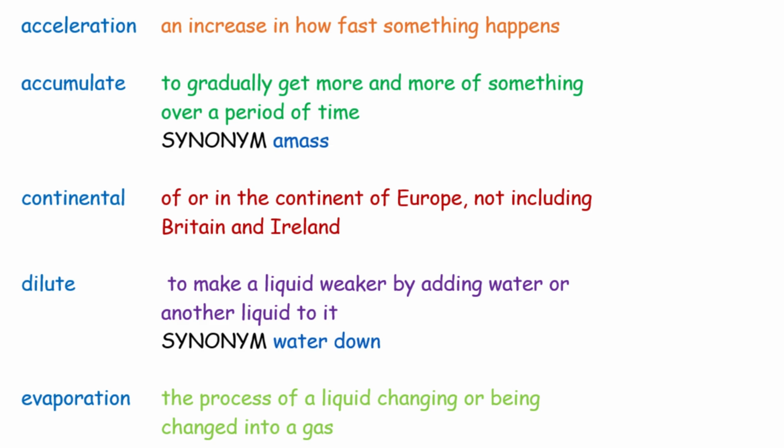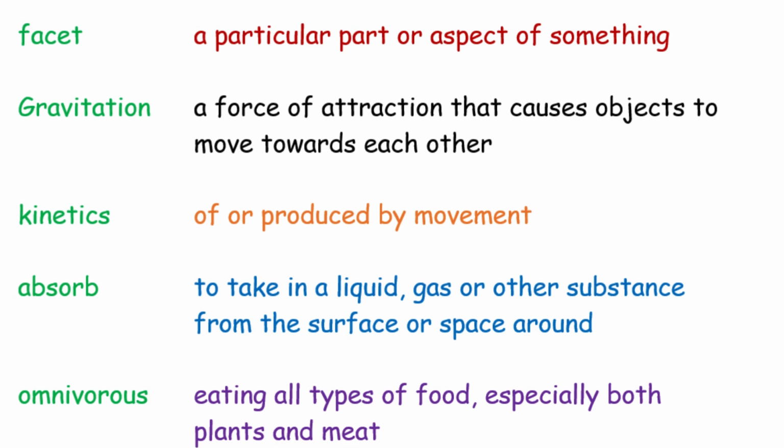Evaporation. The process of a liquid changing or being changed into a gas. Facet. A particular part or aspect of something. Gravitation. A force of attraction that causes objects to move towards each other. Kinetic. Of or produced by movement.